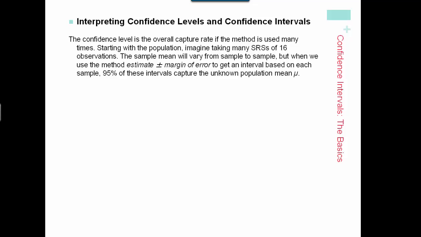The confidence level is the overall capture rate if the method is used many times. Starting with the population, imagine taking many simple random samples of 16 observations. The sample mean will vary from sample to sample, but when we use the method estimate plus or minus margin of error to get an interval based on each sample, 95% of the intervals capture the unknown population mean mu.